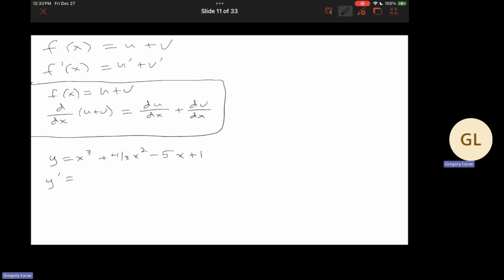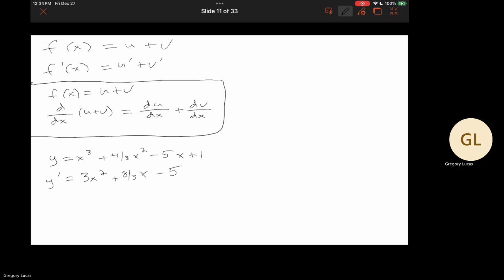So clearly, adding and subtracting would be the same in this case. I just treat it as the sum of a negative number instead of calling it subtraction, but it would work the same way. So term by term, we differentiate. We would have 3x squared, plus 8/3 x, minus 5. And then for 1, the derivative is 0.